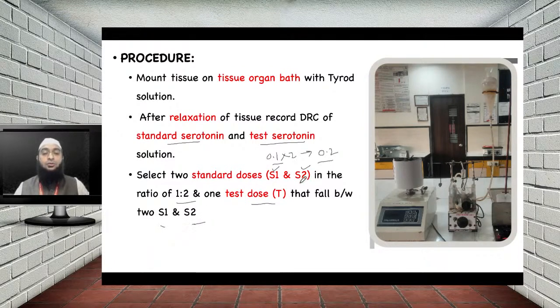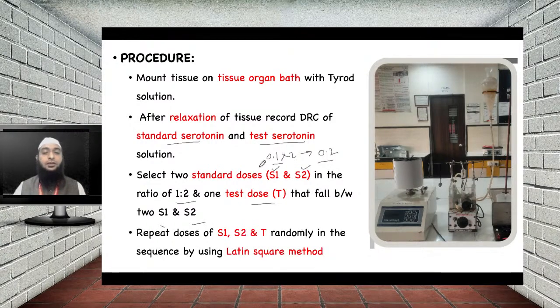So the test dose should be selected in such a way that its response height is bigger than S1 and smaller than S2, okay. So we'll see this in detail when we are taking the dose response curve and going ahead with the experiment. And after this, once you are done with the selection of the test dose, then you need to repeat the doses of S1, S2 and T randomly in the sequence by using the Latin square method.